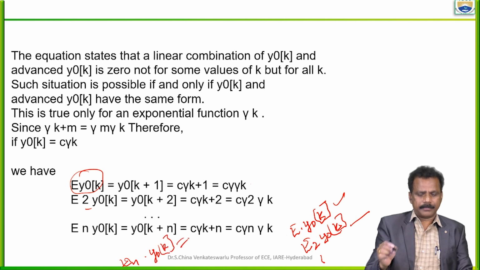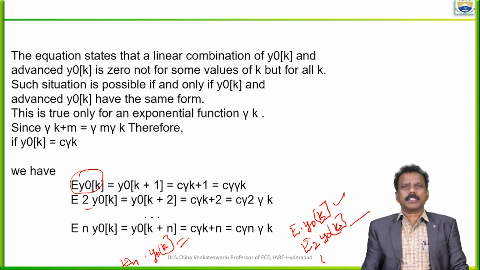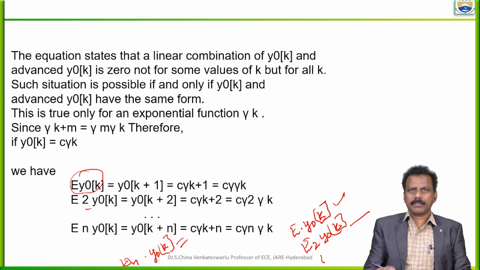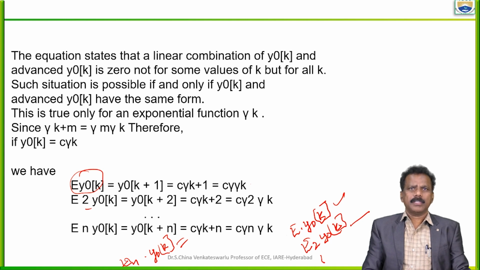The equation states that the linear combination of y naught of k and advanced y naught of k is 0 not for some values of k but for all k. Such a situation is possible if and only if y naught of k and advanced y naught of k have the same form. This is true only for an exponential function gamma to the power k.